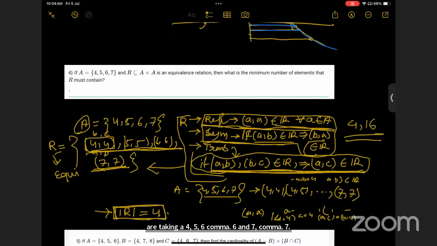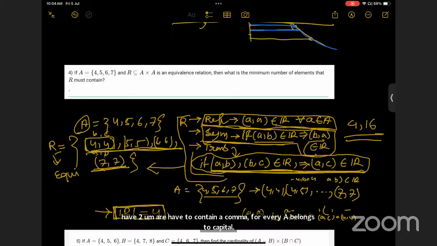If you take only 4, 4, then it will not be reflexive, right? Because for being reflexive, R has to contain (a, a) for every a belonging to capital A. Ma'am, could you repeat that? What is the difference between an identity relation and a reflexive relation?